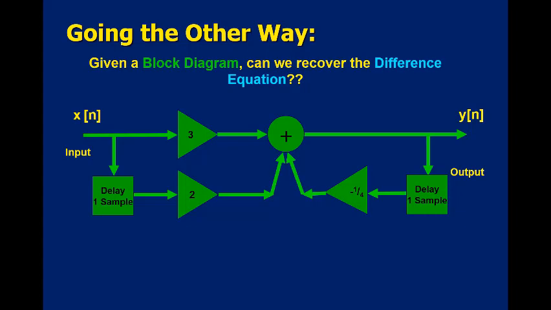And again, as we did in the forward case, it's best to start here and start naming these signals. So if we have x of n coming in here, you get 3x of n coming out. If we have x of n coming in here, then the delayed version is x of n minus 1. So see if you can trace through that diagram and come up with the difference equation, y of n equals something, for this particular implementation.